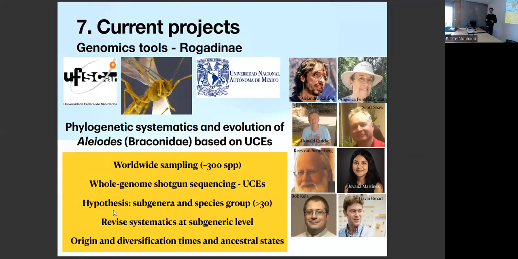This genus is distributed in the entire world, and there were several attempts to divide this genus into different subgroups, but there's a problem because some of the groups were proposed by people from the Old World, and some of the groups were proposed by people from the New World. So these two systems don't talk with each other so well.